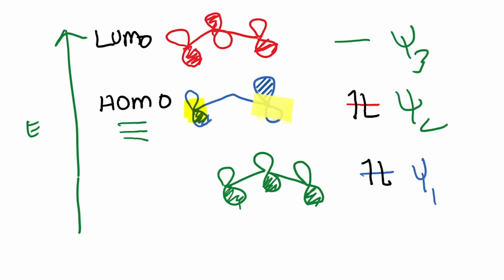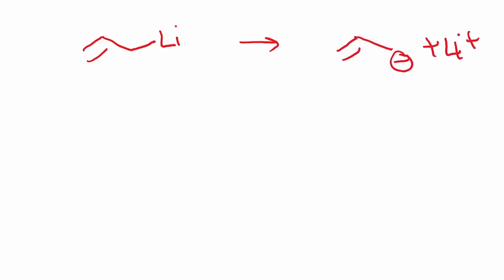Now, there is some experimental evidence that supports this claim. For example, allyl lithium is a commonly available reagent, and when we record the NMR spectrum of this, it is going to dissociate to give this anion and lithium plus. If we record a carbon 13 NMR spectrum, what we see is a very interesting picture.